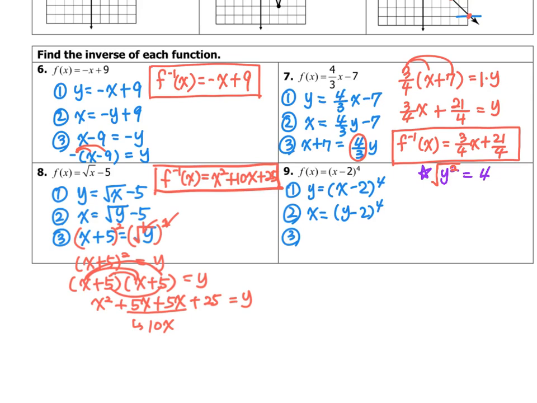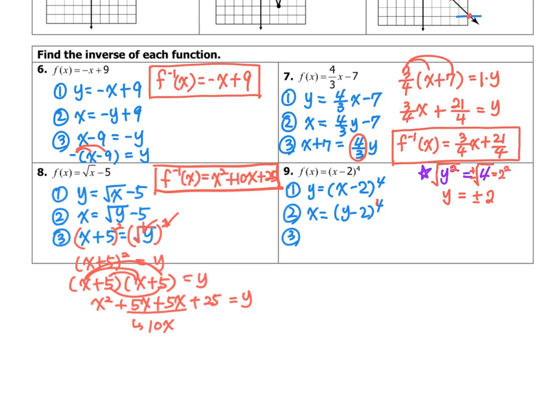And whatever you do on the left side or right side, you need to do the same thing on the opposite side. However, since it's a square, an even exponent, you need to put plus or minus in front of that square root. So this will become y is plus or minus 2, since 4 is 2 squared.